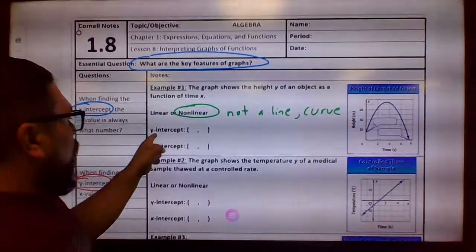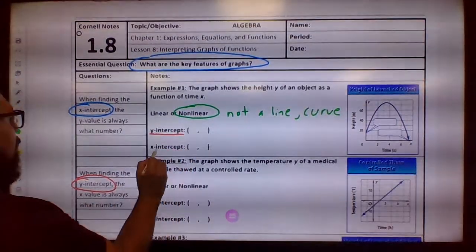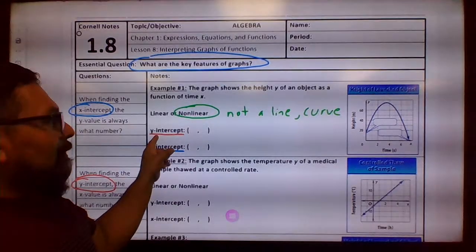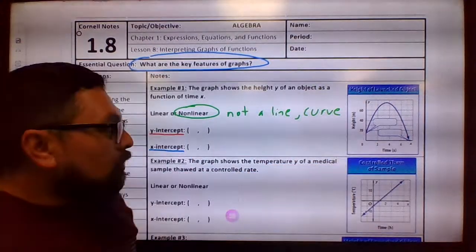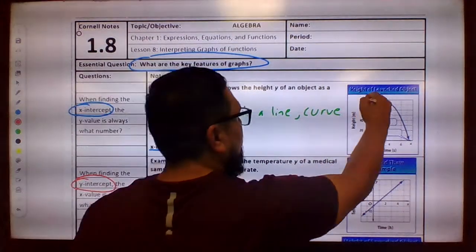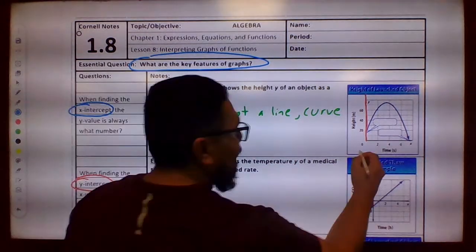Now, the y-intercept is when this curve crosses the y-axis. This is your y-axis. This is your x-axis.